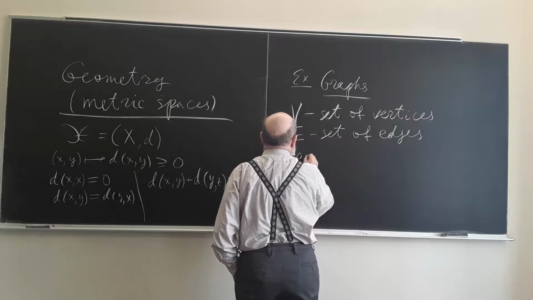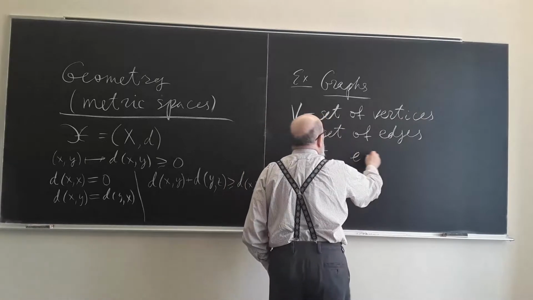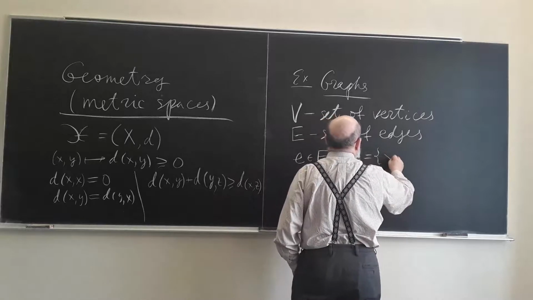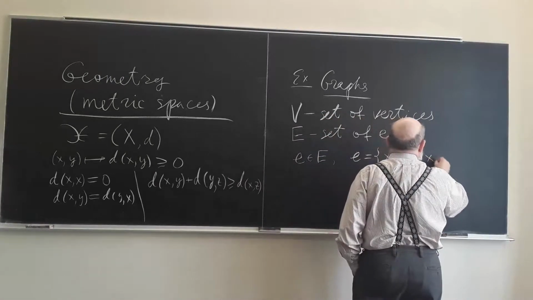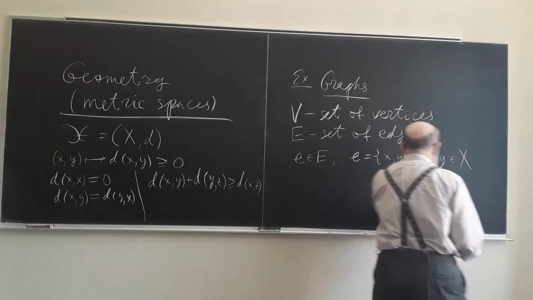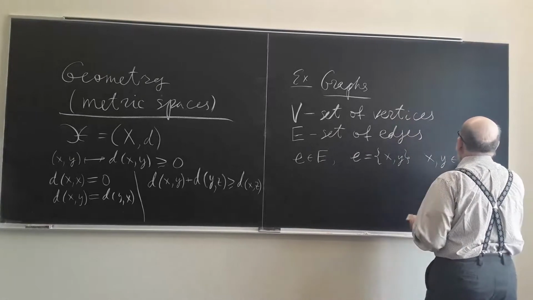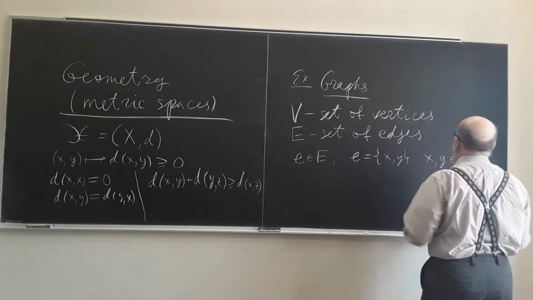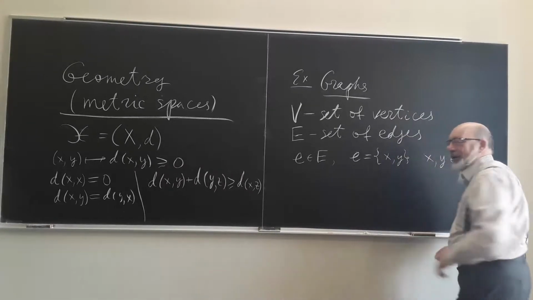So an element of E is just a pair x, y, where x and y are in V, in the set of vertices.